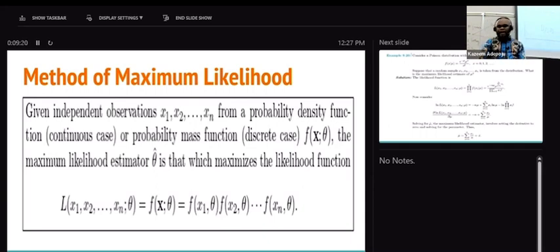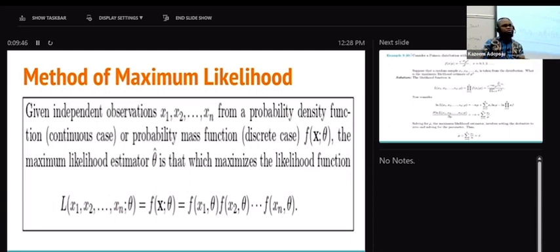Then we are going to use the method of maximum likelihood to estimate the parameters of a given probability distribution. I'm going to say this again. When you have a given probability distribution, it could be normal, exponential, gamma, Weibull, or whatever.